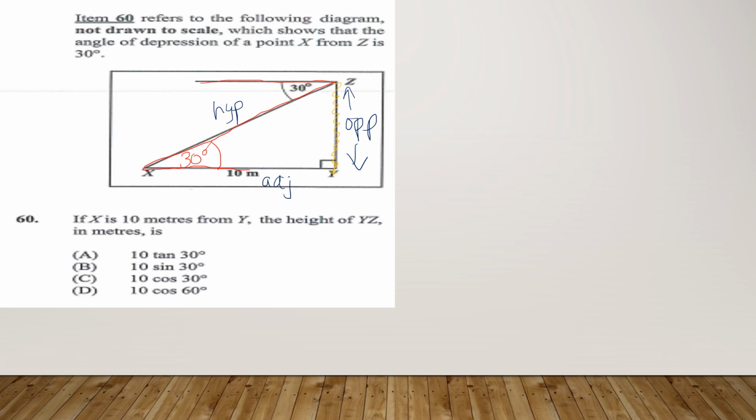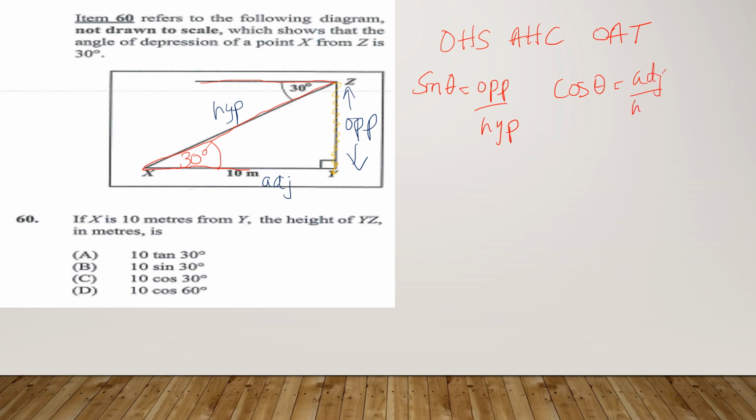So opposite and adjacent, that represents, remember SOH CAH TOA? Tan. So this is sine theta is opposite over hypotenuse. And this is cos theta is adjacent over hypotenuse. And this is tan theta is opposite over adjacent.